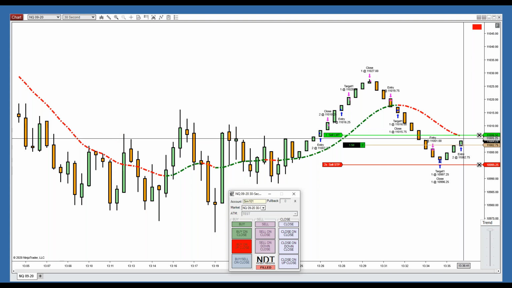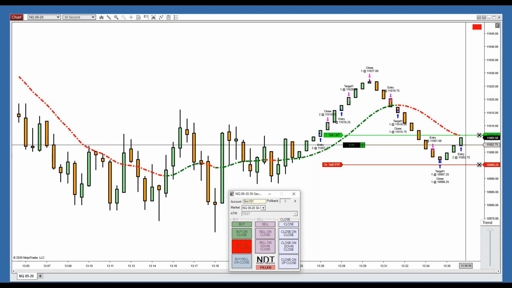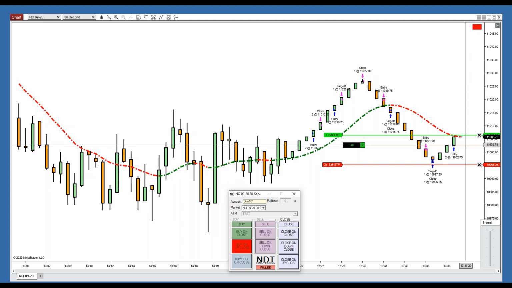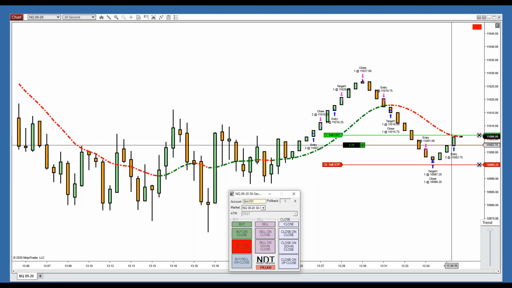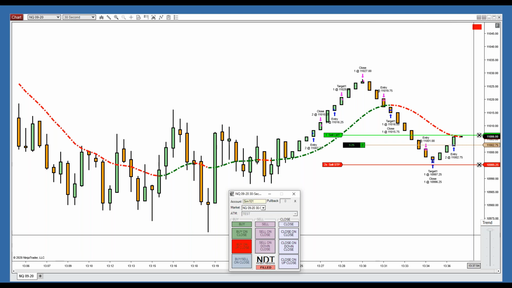Now, if you did this manually, you could never get a better entry unless you had the speed of an electronic system. And I think that's extremely difficult to have. And we know it's going to go up and take out our first target. All I really want to do here is highlight the entry. I'm not touting winners or losers here. I'm controlling the direction of price. So let's close it up.